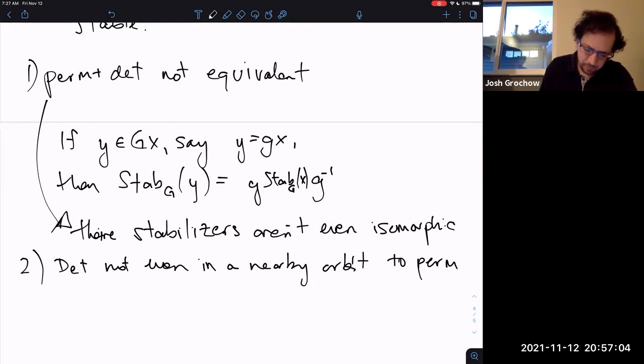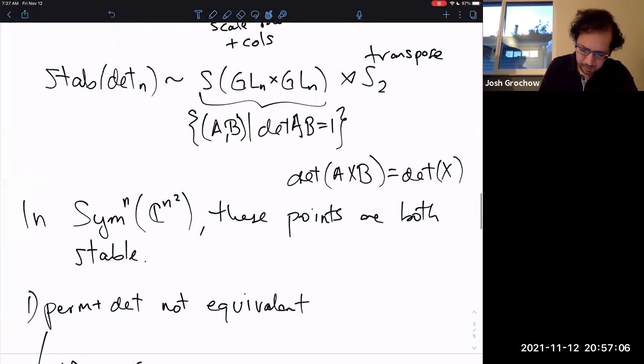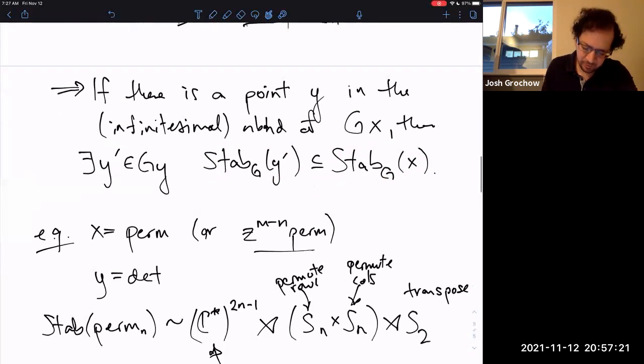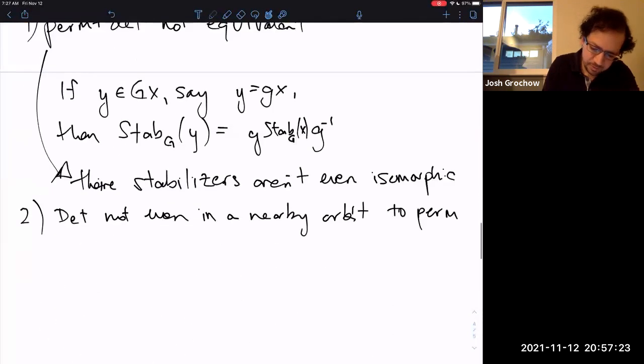Why? Well, let's go back. The interesting consequence that I want to focus on here is, if it were, then the stabilizer of the determinant would have to be contained in the stabilizer of the permanent, or some conjugate of it would. So if it were, proof.